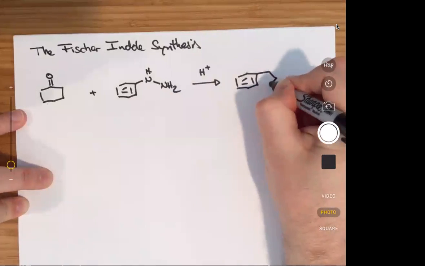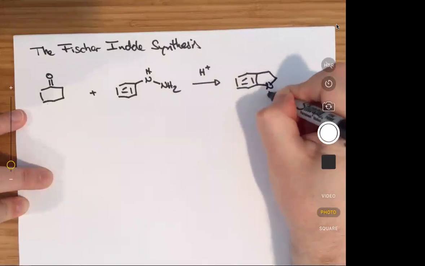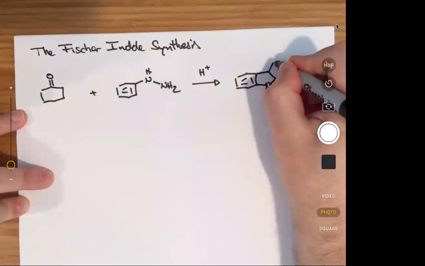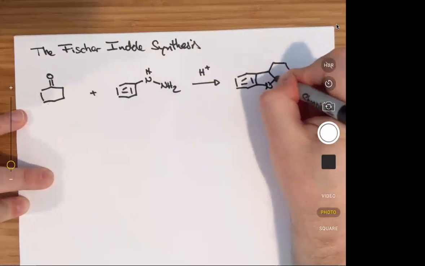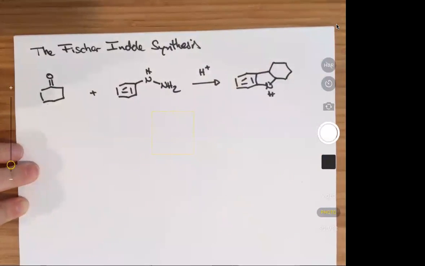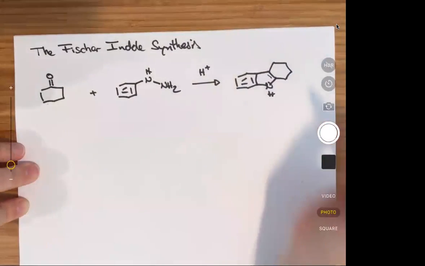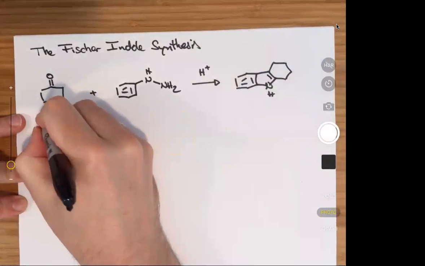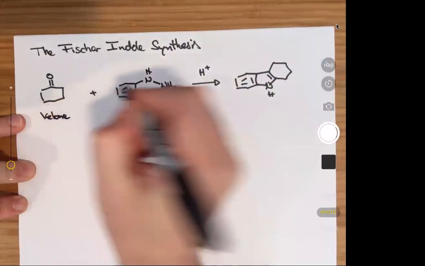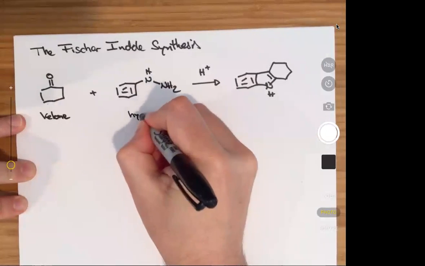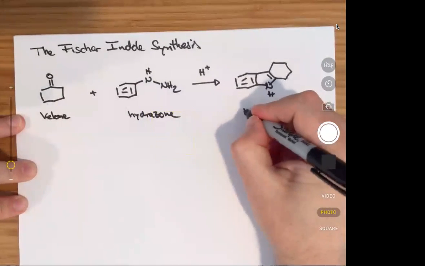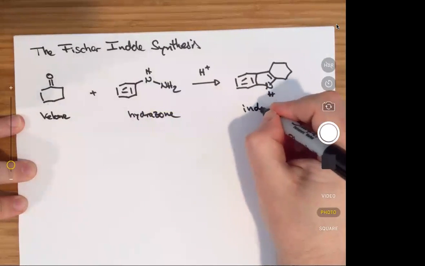So 5-membered ring here, NH, and then depending on what your ketone was, in this case, it is a 6-membered ring, is fused essentially to this side here. There's a double bond missing. Okay, so basically it takes a ketone, hydrazine, and makes an indole out of this.